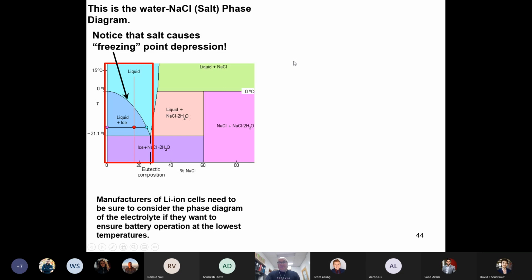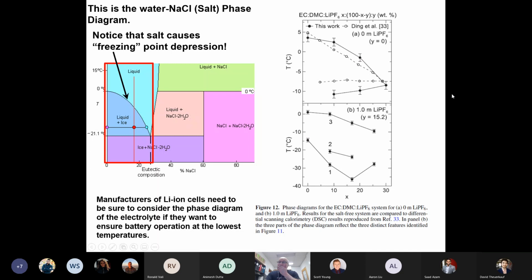So let's take a look at some electrolyte phase diagrams. This is a little bit complicated, and we'll talk about it carefully so that we can understand it. So what have we got here? In the top panel, we have the phase diagram for EC, DMC, LiPF6, where there's no electrolyte salt.